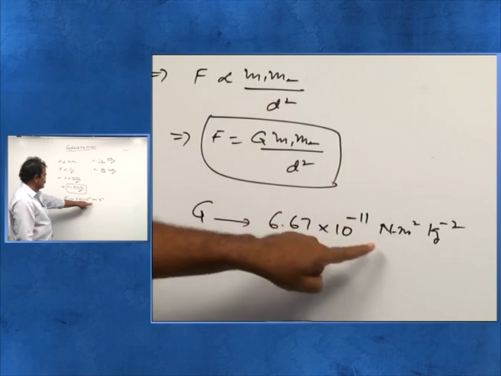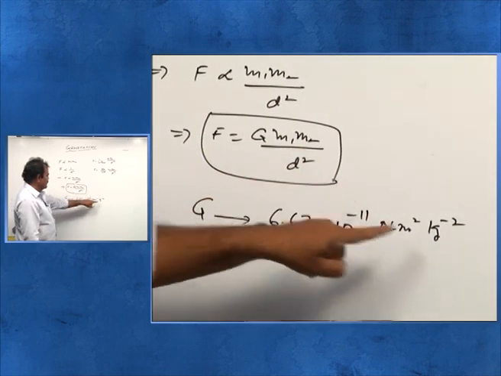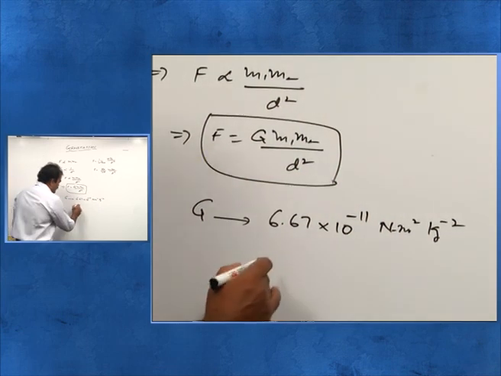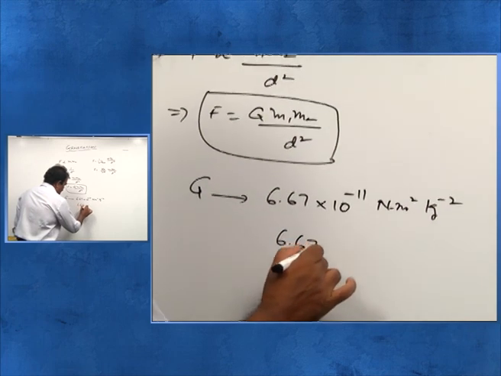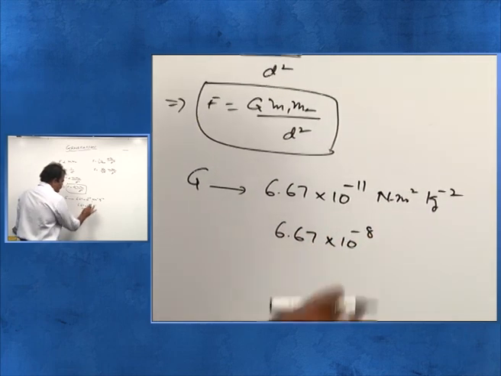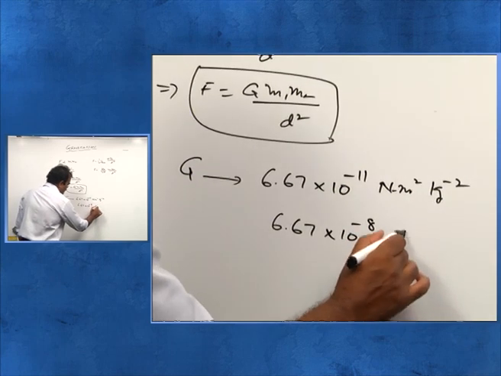So F is Newton, d square is meter square, and kg power minus 2. Similarly, in the CGS system, it becomes 6.67 into 10 to the power minus 8, and the Newton is taken as a dyne.